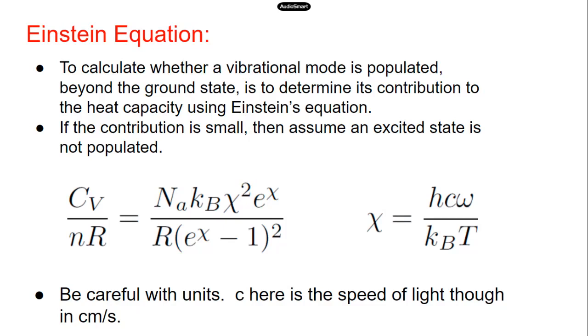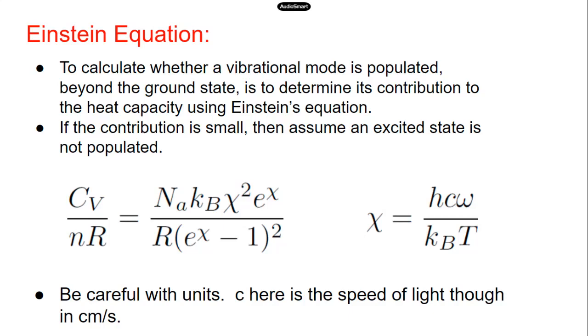So if we're looking at heat capacity, heat capacity is: if we add energy to a system, how much does the temperature change? So basically it's asking, if we have these vibrational modes and we can excite them, then the system can accept energy.